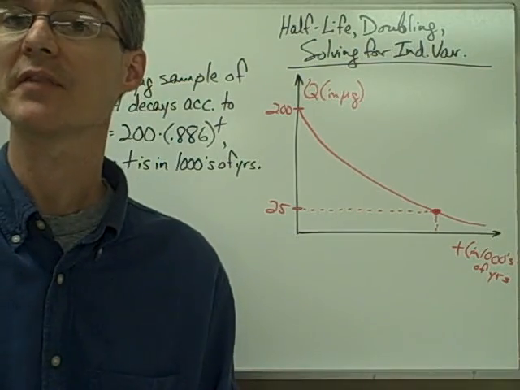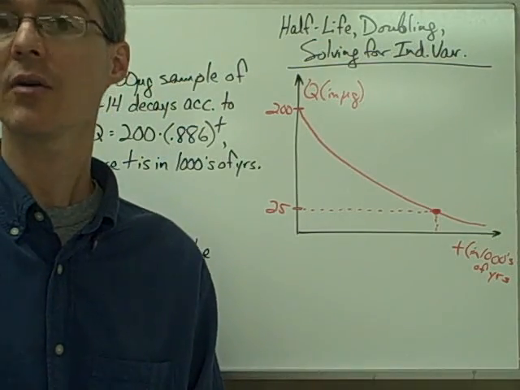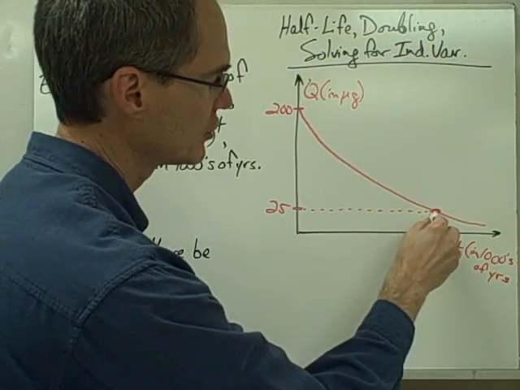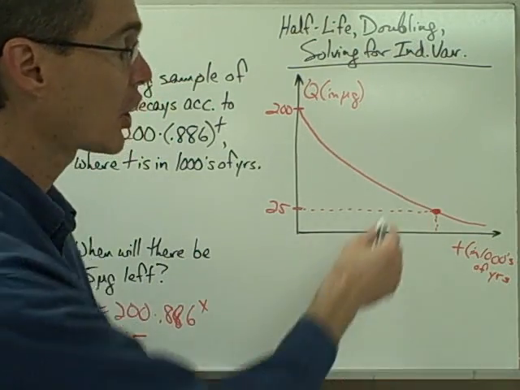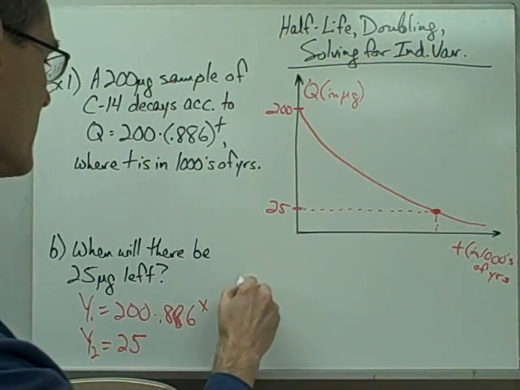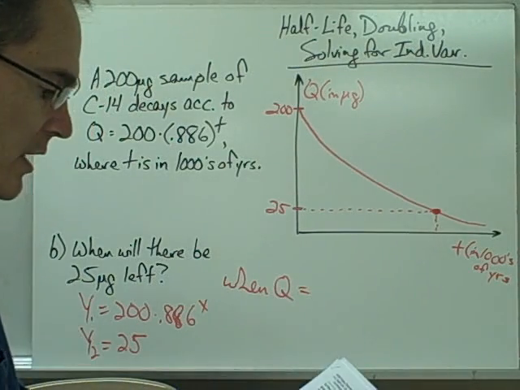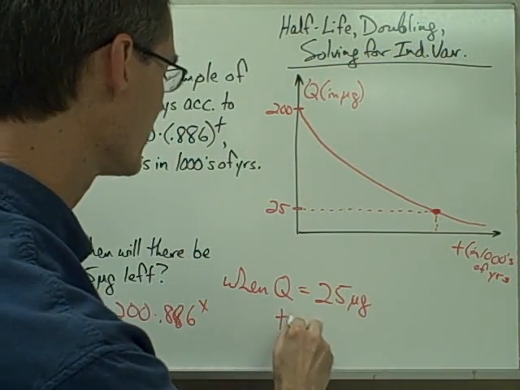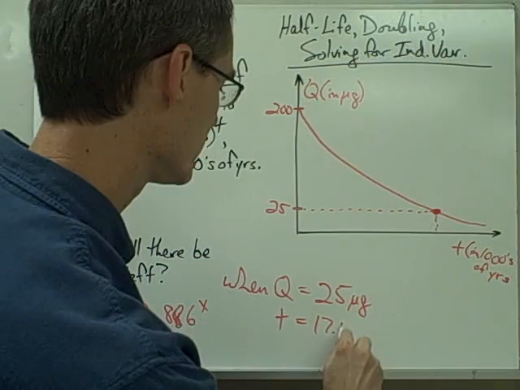Well, there's a function on my graphing calculator right above the trace button. I say second trace, and the fifth one down says intersect, and that helps me to find this intersection point. I just select these two curves, these two functions, and it tells me what the intersection point is. In fact, what it tells me is when q, my dependent variable, equals 25 micrograms, my value of t, my independent variable, is equal to 17.18.